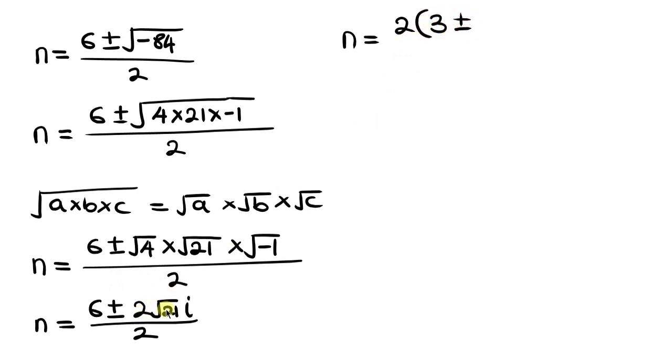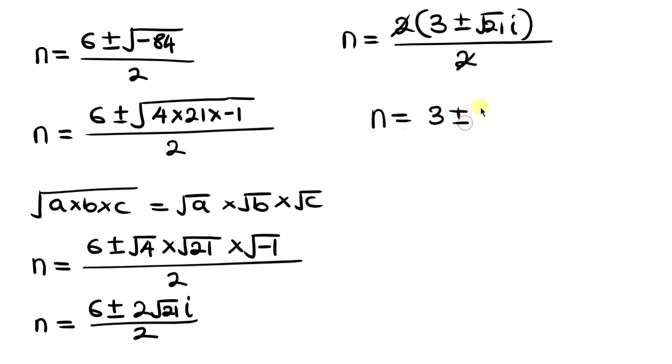Now 2 root 21i divided by 2, we're going to have root 21i, all over the denominator, which is 2. Now notice that this 2 can cancel off this 2, leaving our final answer to be 3 plus or minus the square root of 21i.